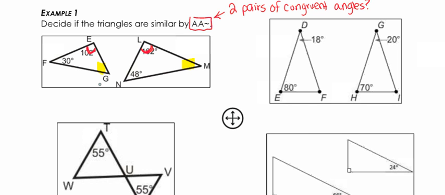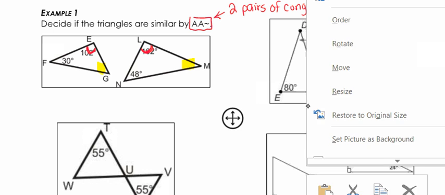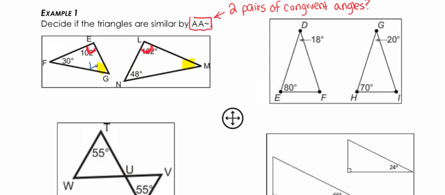When I do that, I find that the missing angle is 48 degrees. Likewise, when I find the missing angle in the second triangle, either by doing 180 minus 102 minus 48, or by adding the 102 and 48 together and subtracting that sum from 180, I find that the missing angle is 30 degrees.